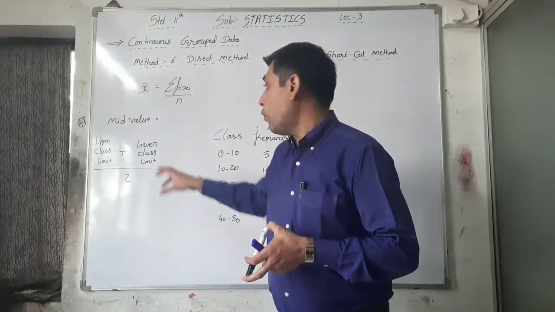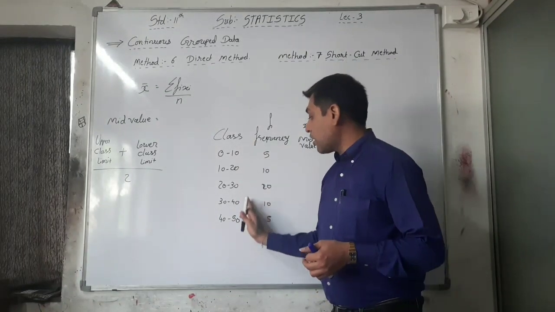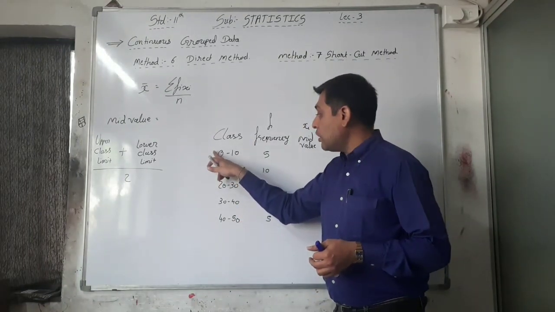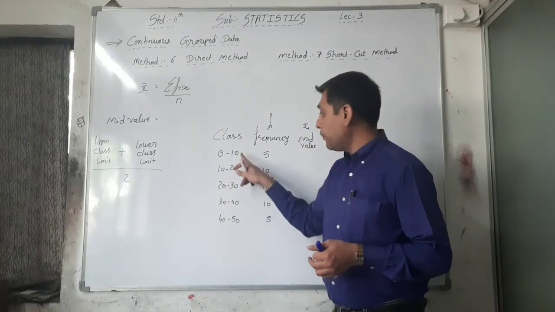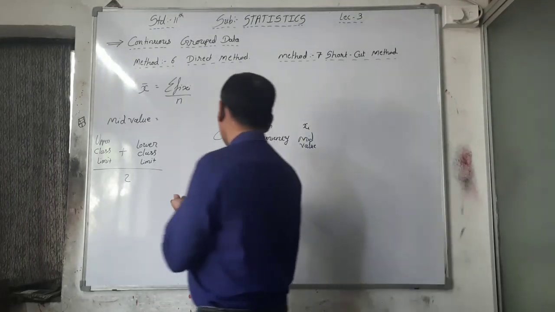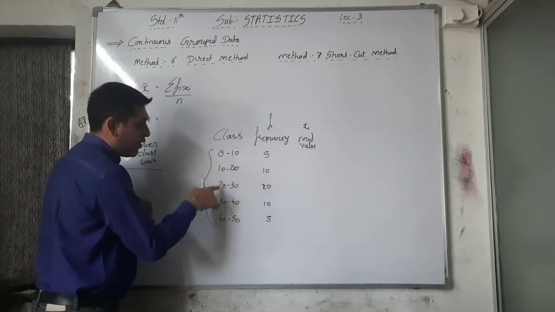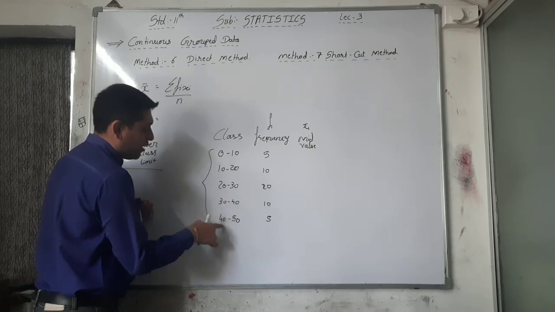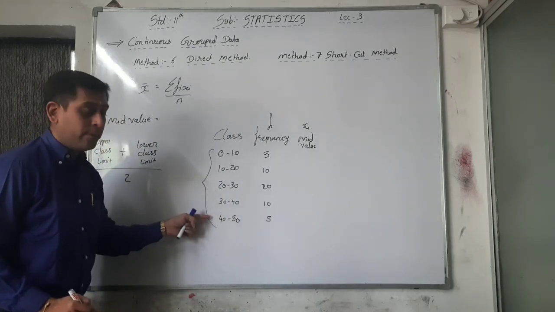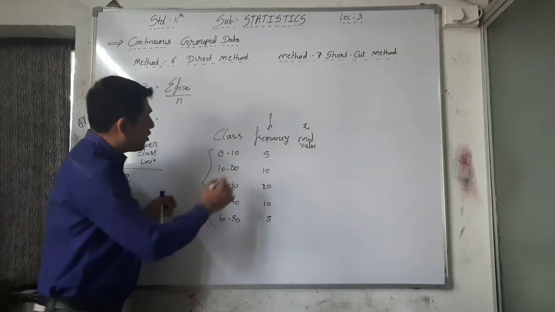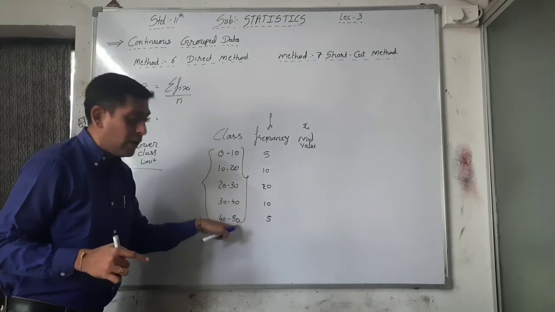Then what is the upper class limit and what is the lower class limit? See, this one is the class, right? This side shows the lower class limit: for this class 0, for this class 10, for this class 20, for this class 30, and for this class 40 is the lower class limit. And this side is the upper class limit.